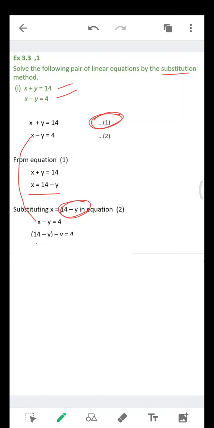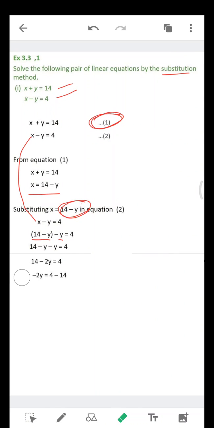So this will become 14 minus y minus y, because x is 14 minus y and this minus y is already there. So 14 minus y minus y, that is minus 2y. 14 minus 2y equals to 4.